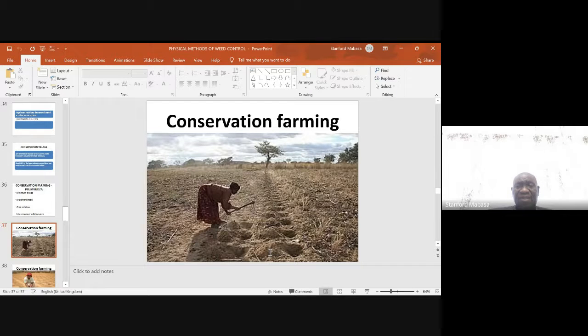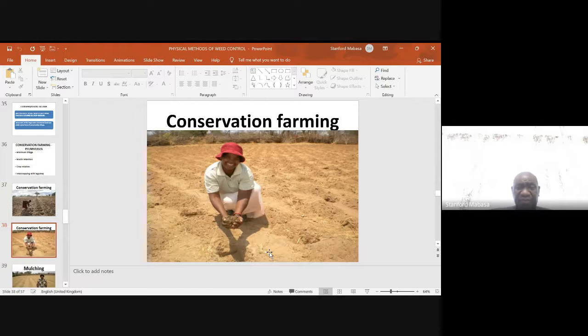Here, the farmer is digging holes in conservation farming. This can be labor intensive. Again, farmers showing conservation farming.